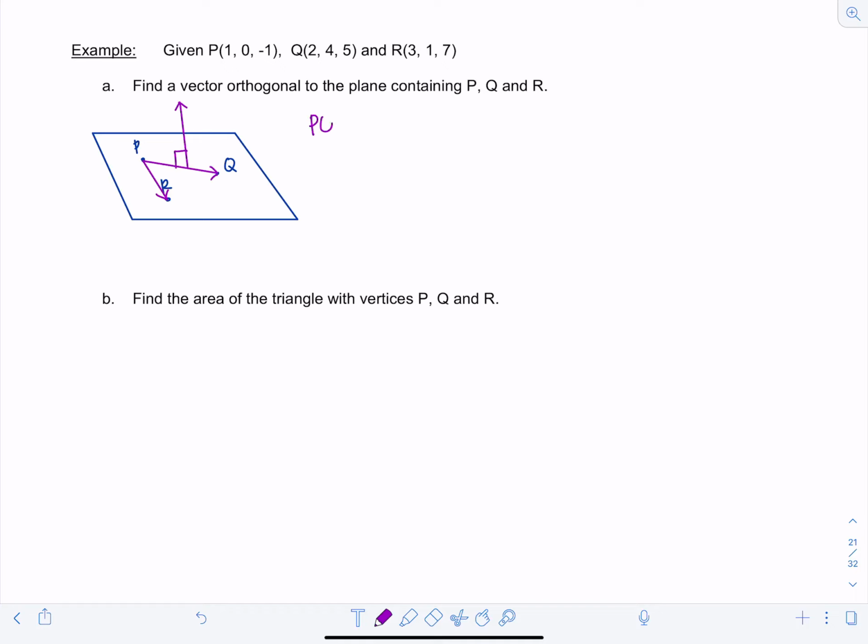So let's do that. So PQ would have components 2 minus 1, so that's going to be 1, 4, 5 minus -1, that's 6. And then PR is going to be 2, 1, 8. And so PQ crossed with PR is going to be, are you guys good at doing it in your head yet?